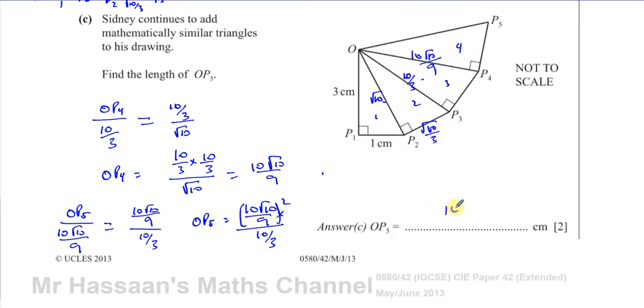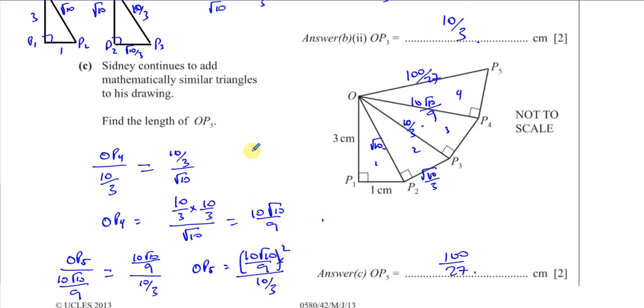So OP5 is 100 over 27. So we're using similarity to continue the lengths. We worked out a pattern that this side is similar to that side, and that divided by that gives the same answer as this side over that side. So you've got to think about which triangle you're on. They're all similar triangles. So that's the answer to part C.